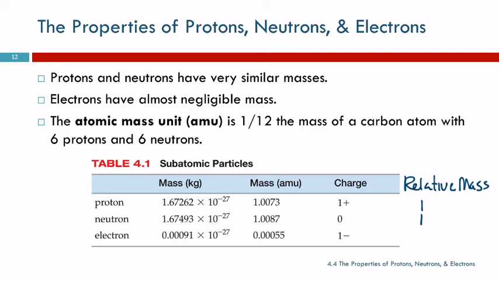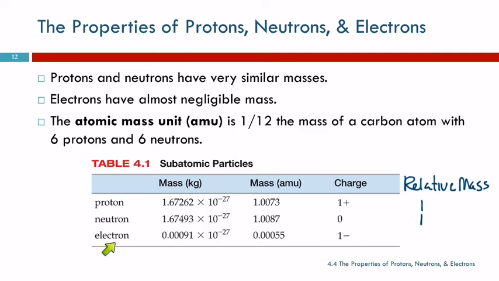They're essentially the same. Here are their actual masses, 1.67262 times 10 to the minus 27 kilograms. That's an awful lot of zeros. And the neutron also, very, very close in size. So usually we just think of them as being equal in mass, 1 and 1.